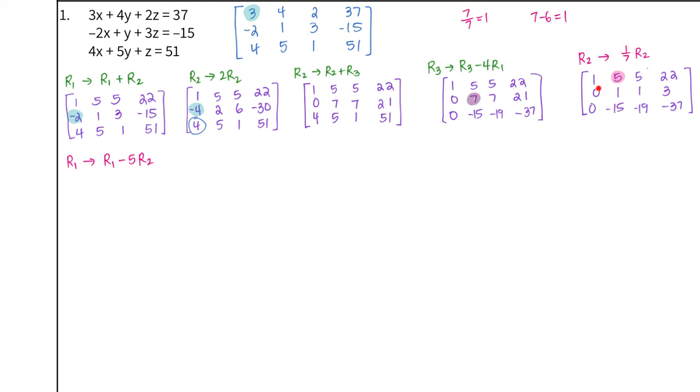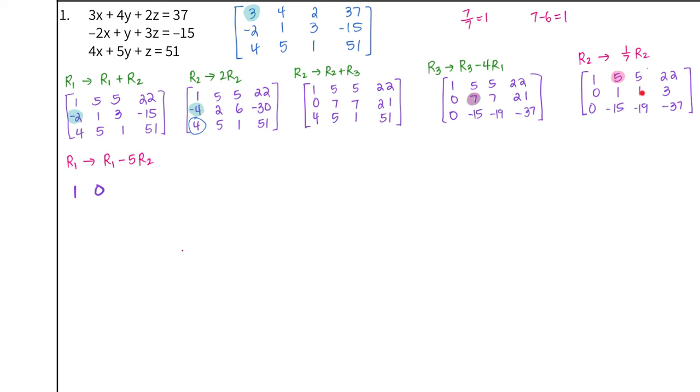Okay, so 0 times 5 is still 0. So 1 minus 0 is still 1. 1 times 5 is 5. 5 minus 5 is 0.